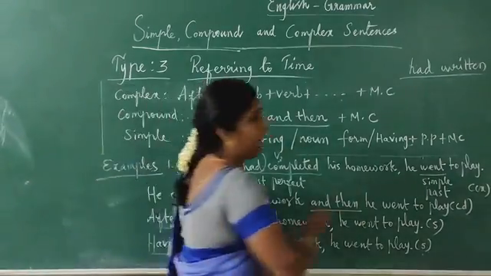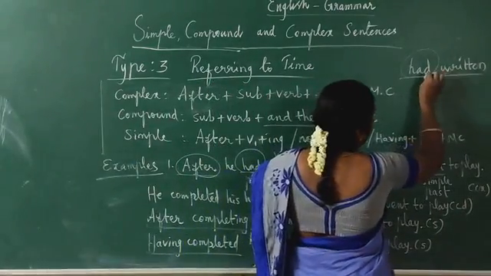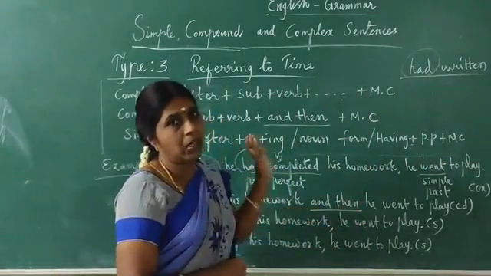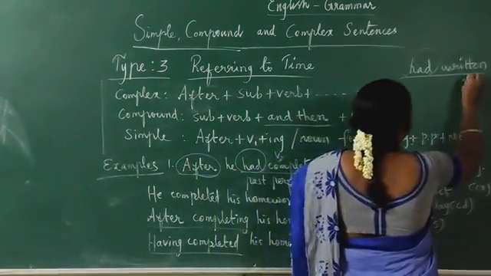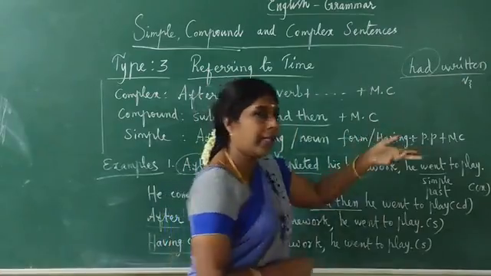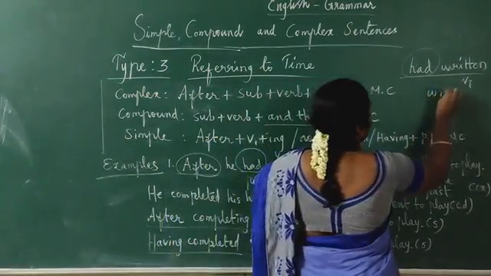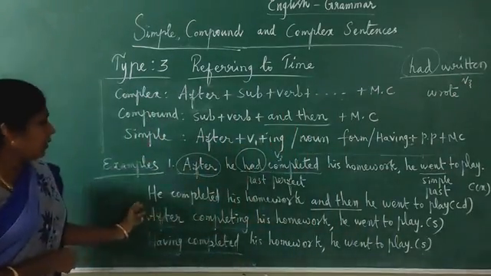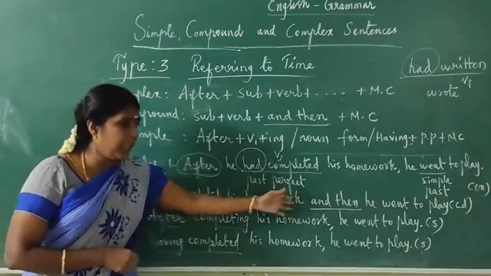Further, how can we write? Here we have to remove this had. Afterwards you don't write it as such, written. He written, that's wrong, because written is verb 3. Find out verb 2, right? Wrote, written. So we have to write wrote, past tense. So here: he completed his homework and then he went to play.